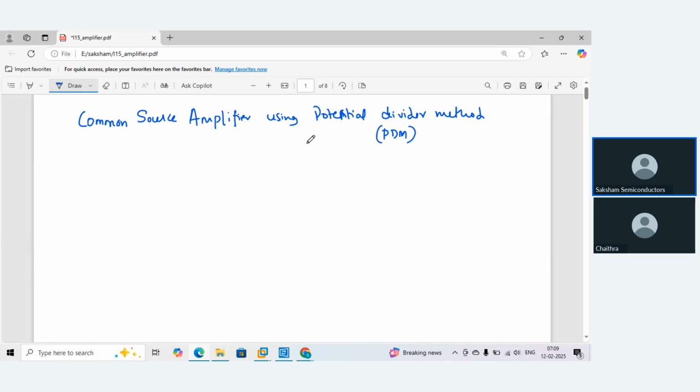And we're going to take a simple common source amplifier. So my common source amplifier is basically my simple NMOSFET, which would act as a common source amplifier.